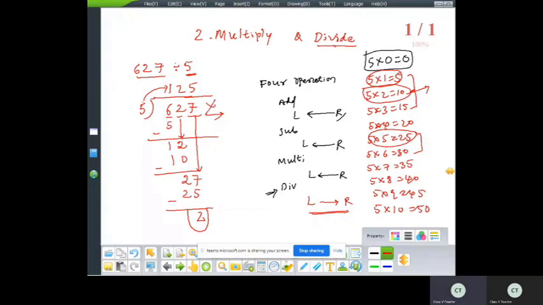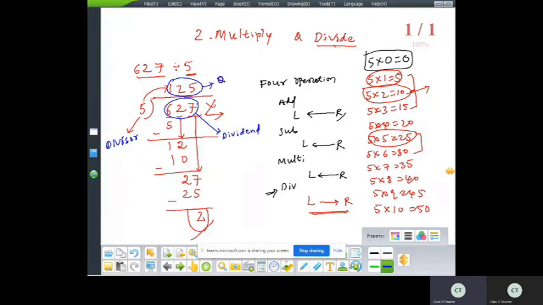Now write the labels. This is called divisor. 627 is the dividend. Now 125 is the quotient. This is our main answer in this division.